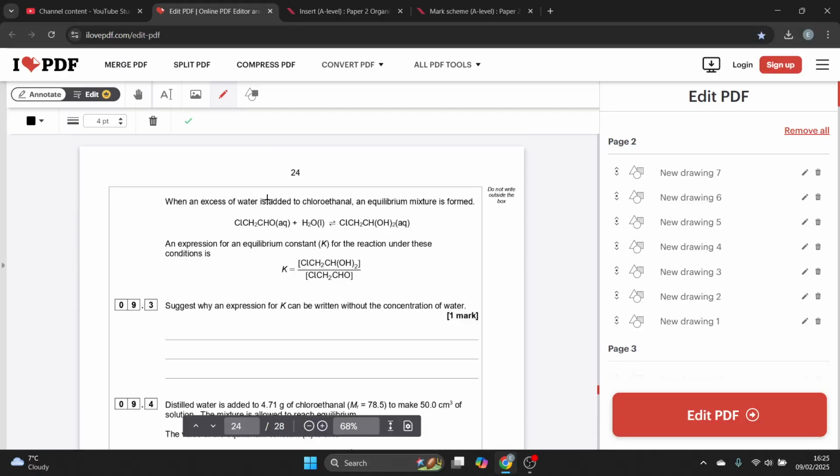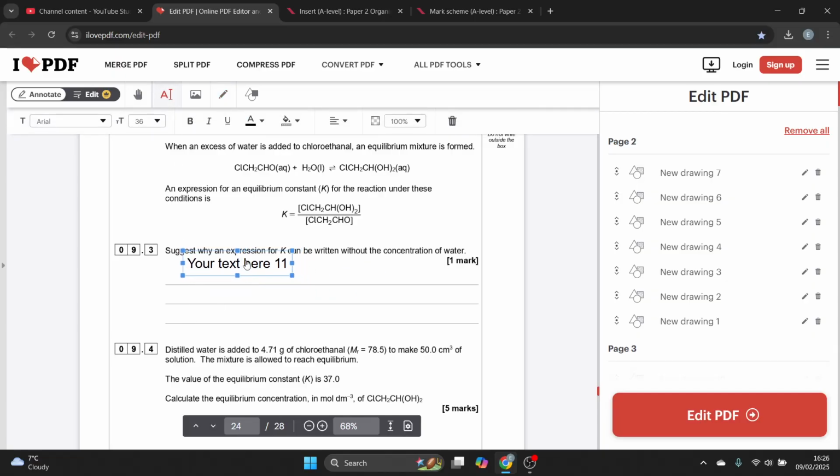So, why can the expression for K be written without the concentration of water? Let's find out.